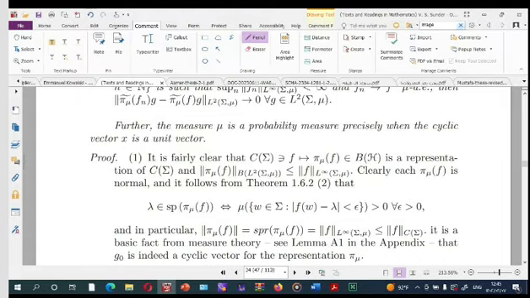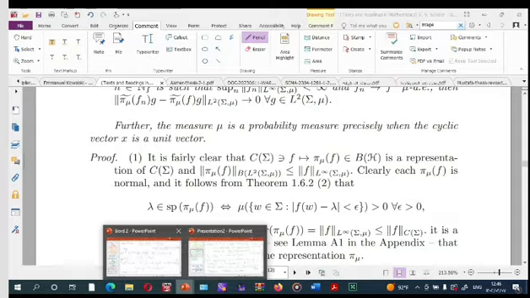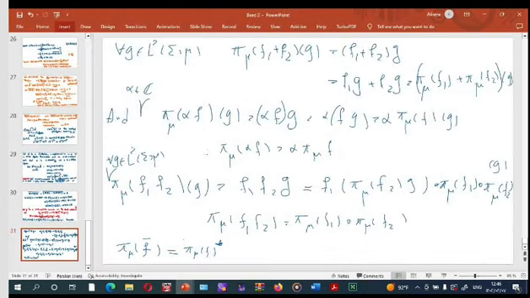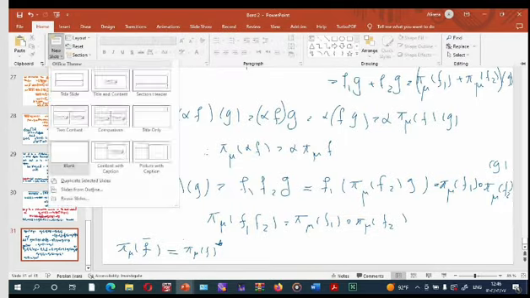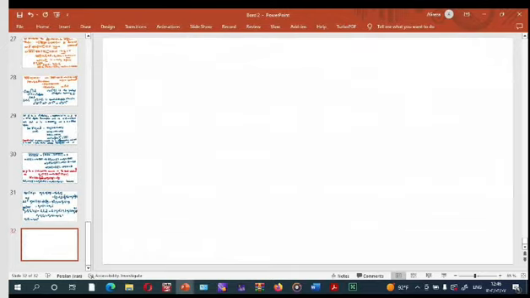It is very trivial because please note that in this Hilbert space L2, if we consider, for example, f and g in L2 of this space, this is the inner product of this space, okay?